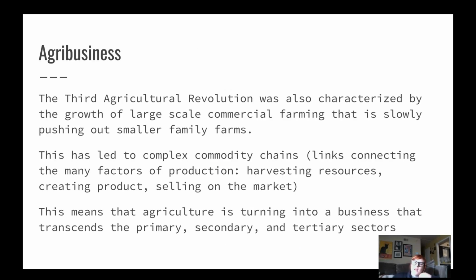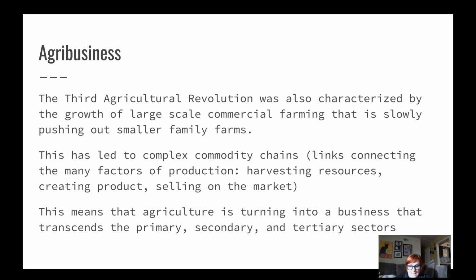Okay, the other thing we're going to talk about is agribusiness, which is basically the business of agriculture. So we're talking about commercial farming when we're talking about agribusiness. We're not talking about subsistence agriculture, because obviously subsistence agriculture is just people growing food for their own survival, right? Agribusiness is you are growing food to make a buck, okay?